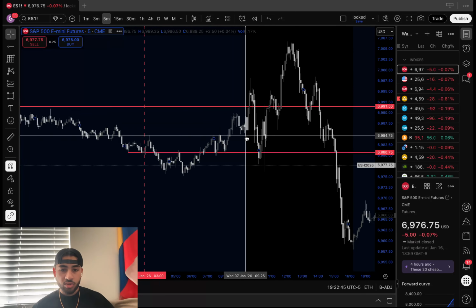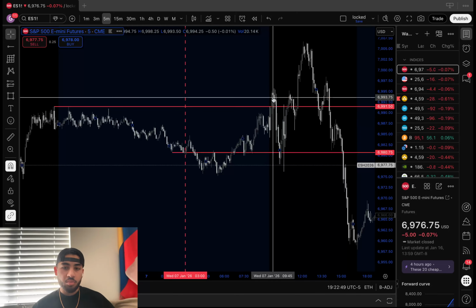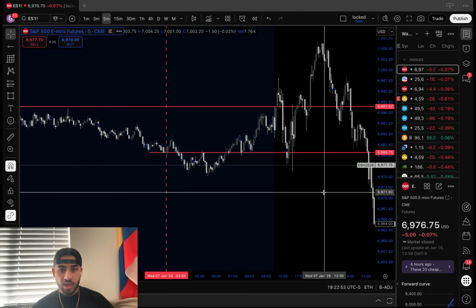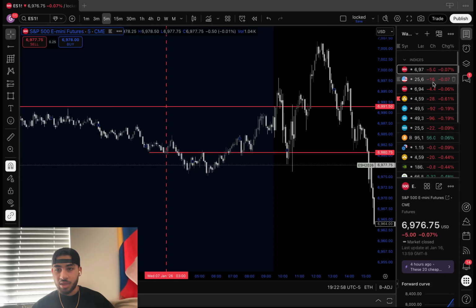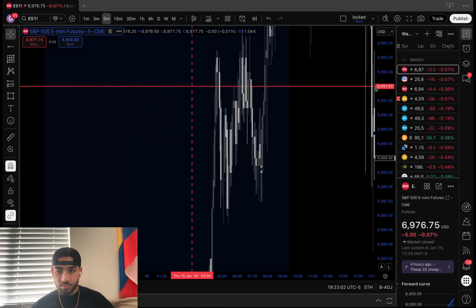It would be a reversal, so it'd be London manipulation, New York reversal, and then this one's kind of confusing because we swept all the liquidity up here and then we dumped again. After we did that, we completed the move once again because, I'm guessing, NQ probably swept it. What day is this?